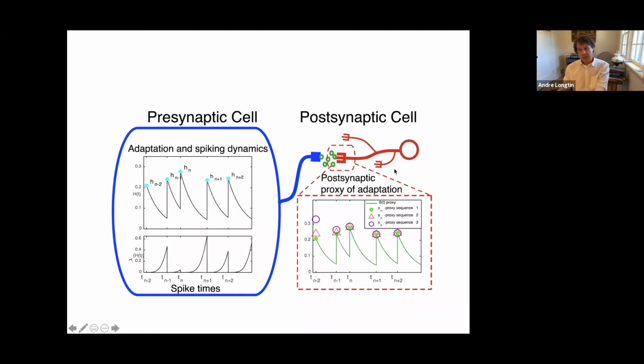And downstream in the postsynaptic cell, you would have, let's say, a proxy sequence of these adaptation states. These states here will recapitulate these states here if you get some matching of the time scale. So this idea would also imply that these states are not very correlated, or they're quasi-independent.